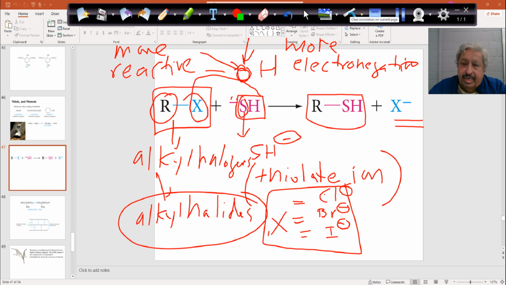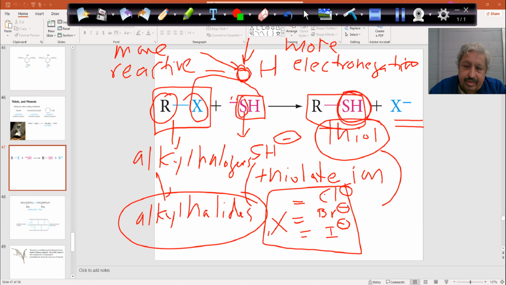So that's how to make those thiols. The thiol has sulfur, correct? And this is very similar to the OH, but the OH is more reactive.